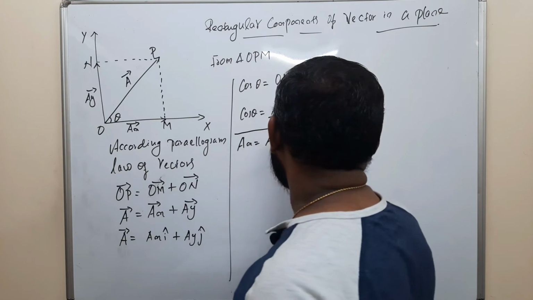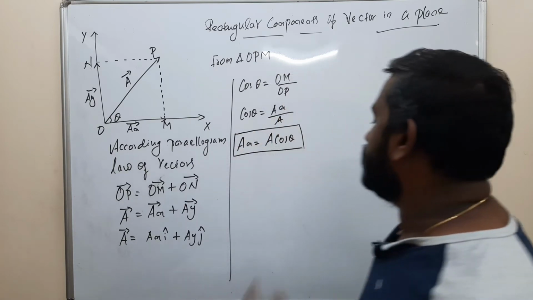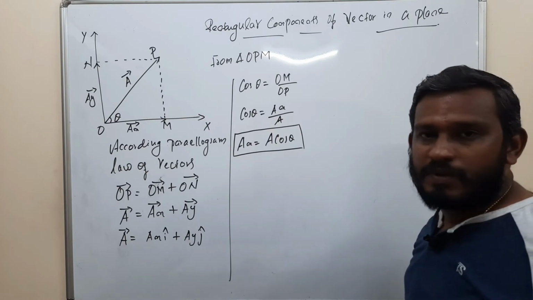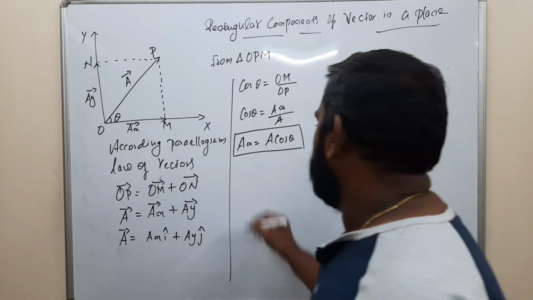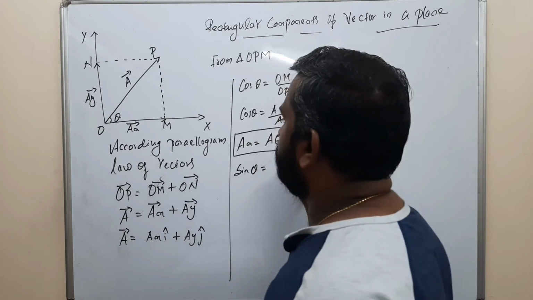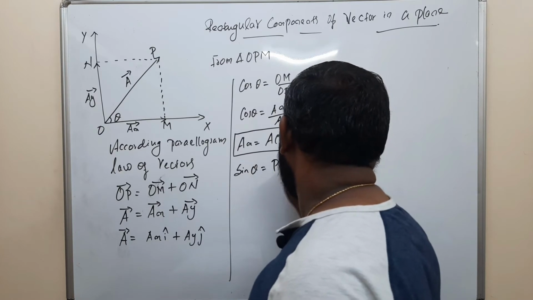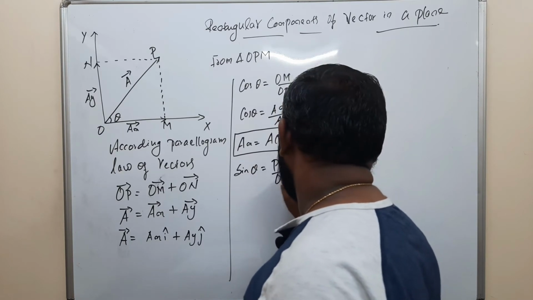So this is the horizontal component of this vector A. Ax is equal to A cos theta. Similarly, sin theta is equal to the opposite side, that is PM, by the hypotenuse, that is OP.